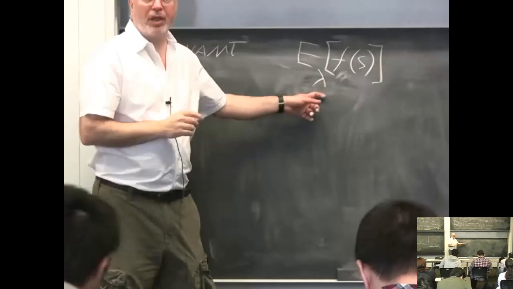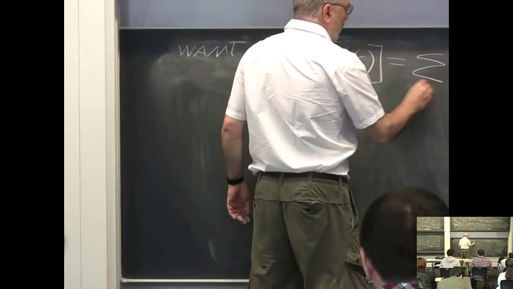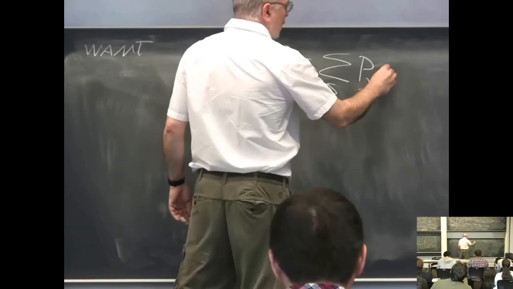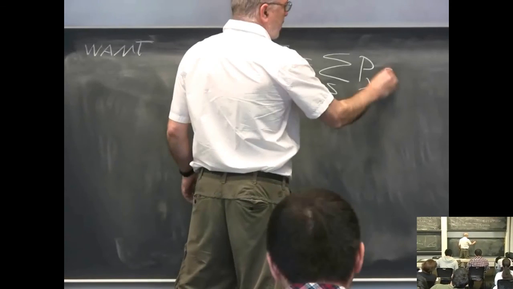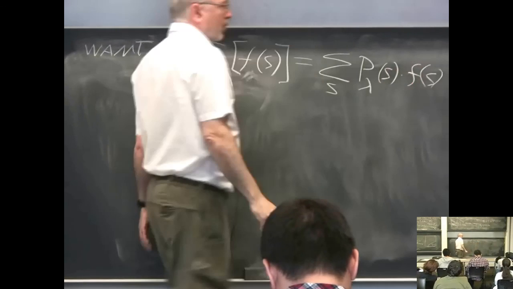Except I don't need the Z. So I would write it as the sum over all sentences of the probability my model assigns to the sentence, times the feature value of the sentence.